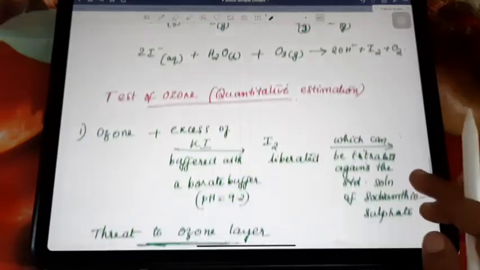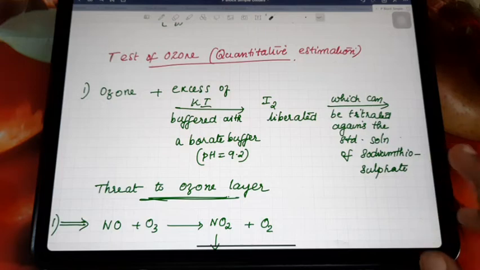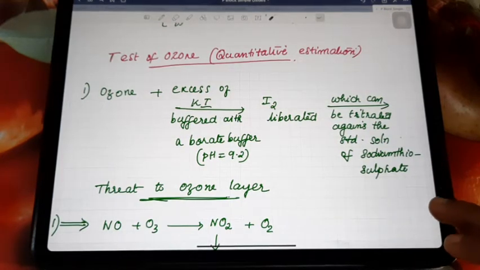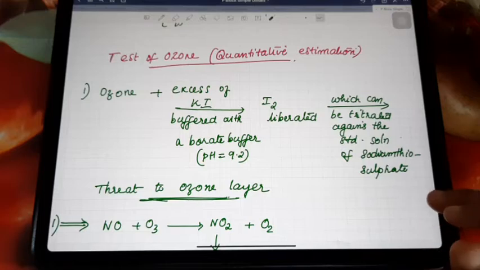Next one, we can determine the ozone gas. Quantitative estimation is possible. It is said to be the test of ozone. Mainly 2 or 3 different types of tests are used, but you have to study only one method.